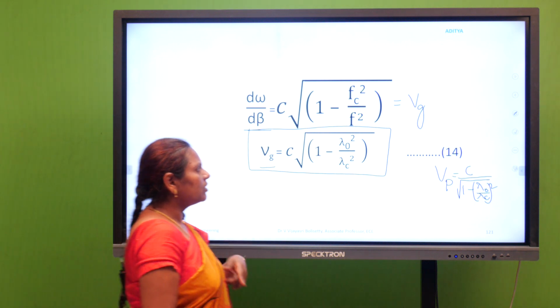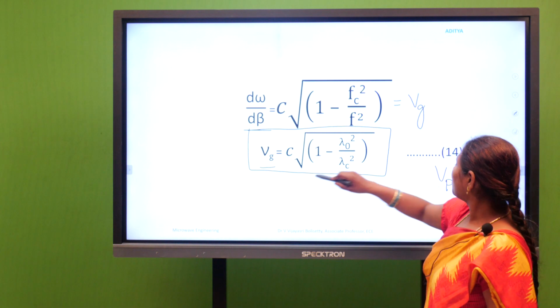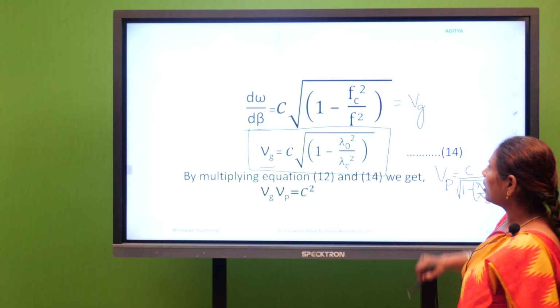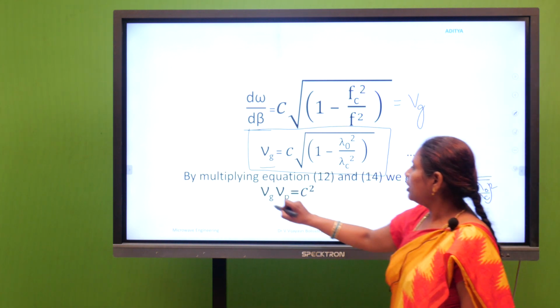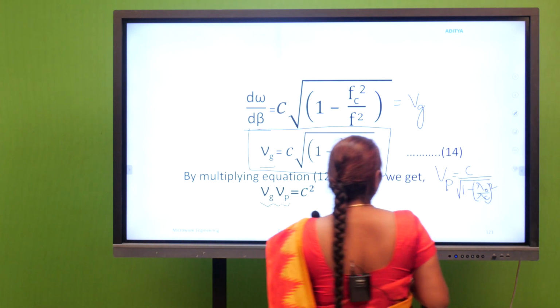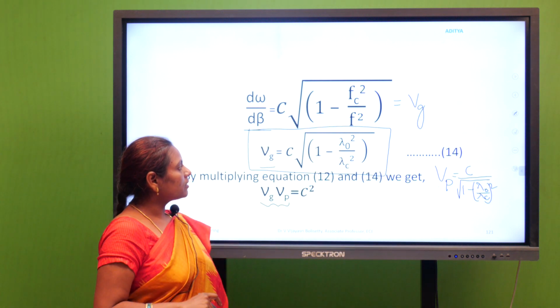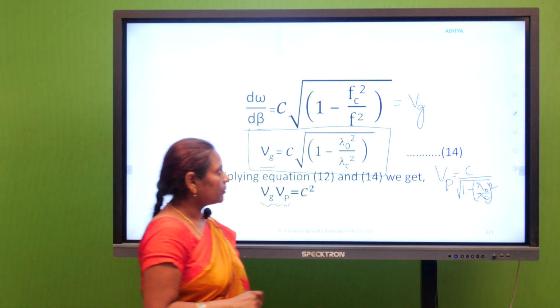By observing these two, if we multiply Vp and Vg, the root term gets cancelled and Vg into Vp is equal to c square.